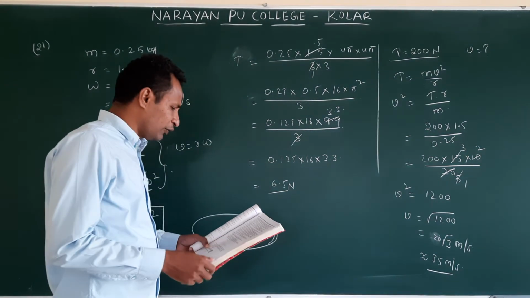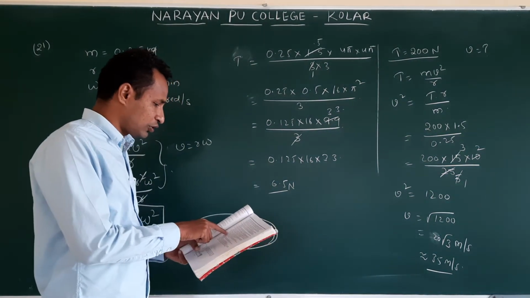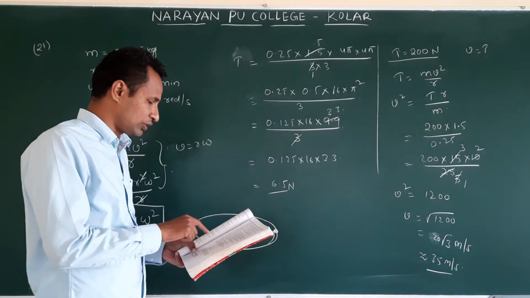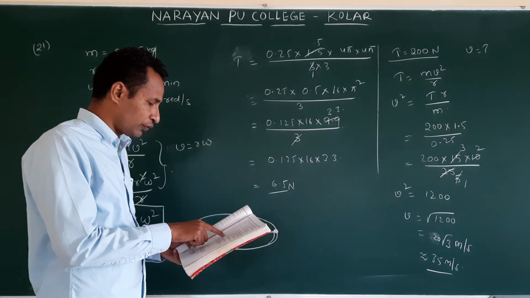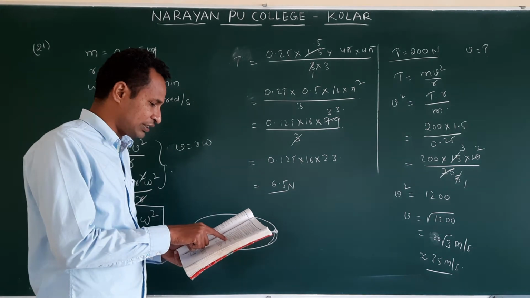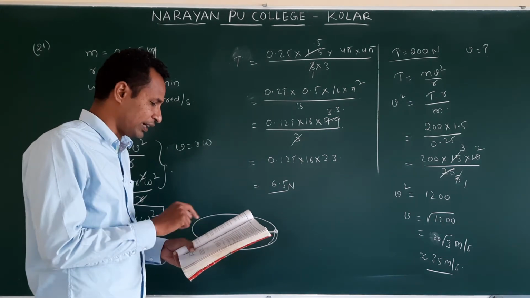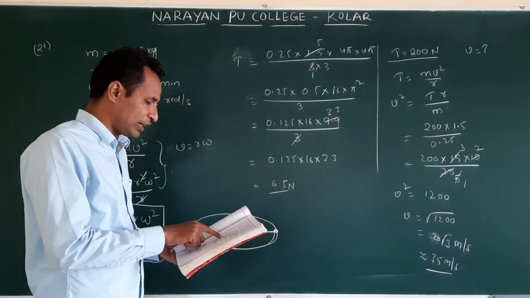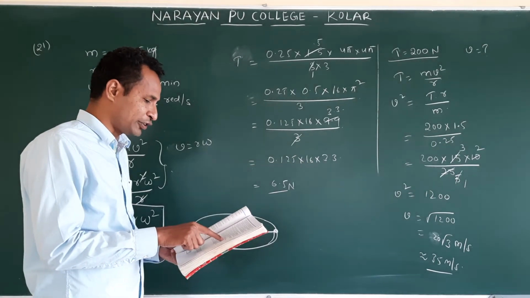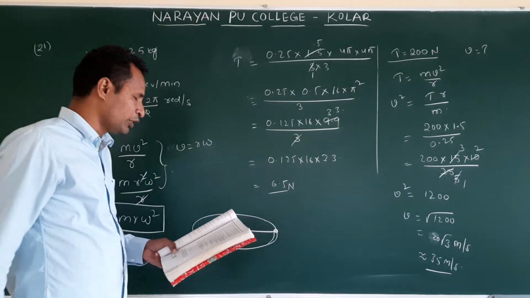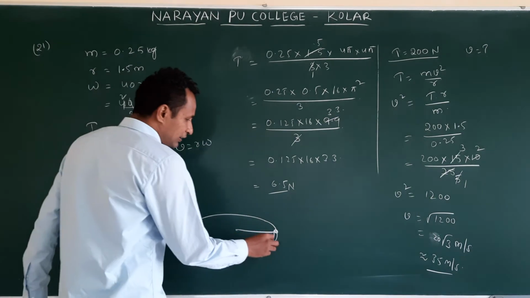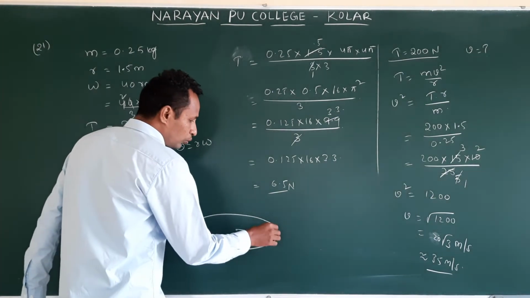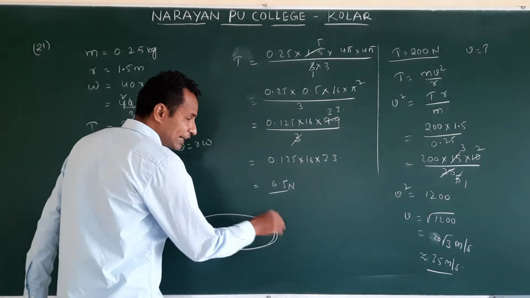Okay, then what happens if it breaks? The stone flies off tangentially from the instant the string breaks. Once it breaks, it follows the velocity direction.